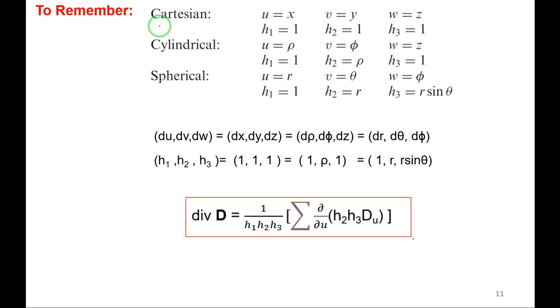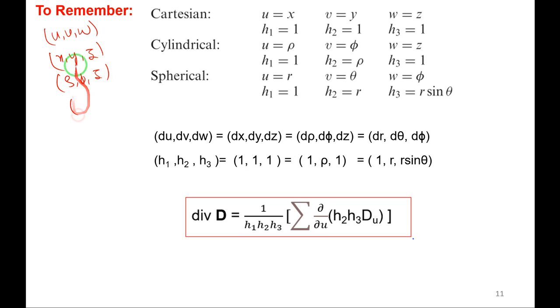Now we will try to define the general coordinate system, that is, the general curvilinear coordinates u, v, w. If it is Cartesian, this u, v, w can be replaced by x, y, z. In cylindrical, we can replace u, v, w by rho, phi, z.